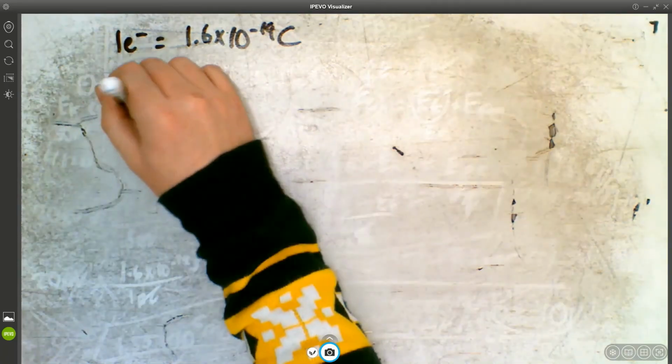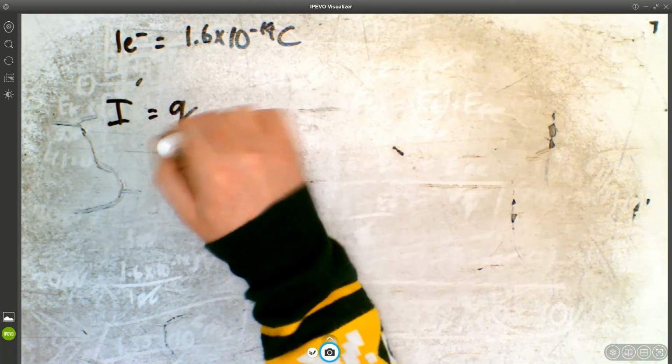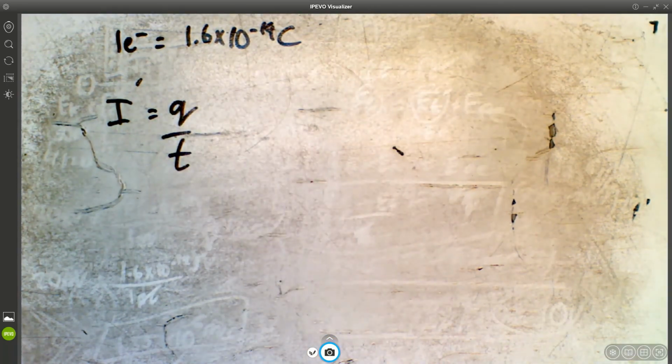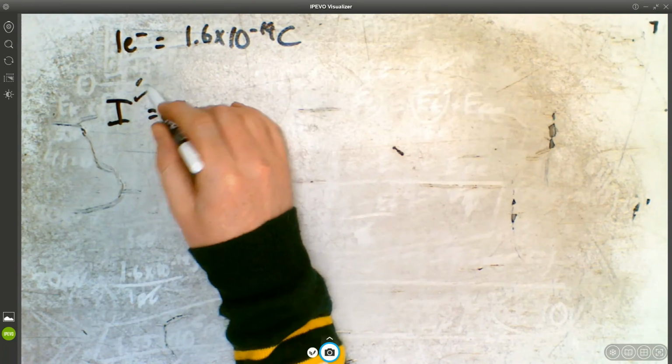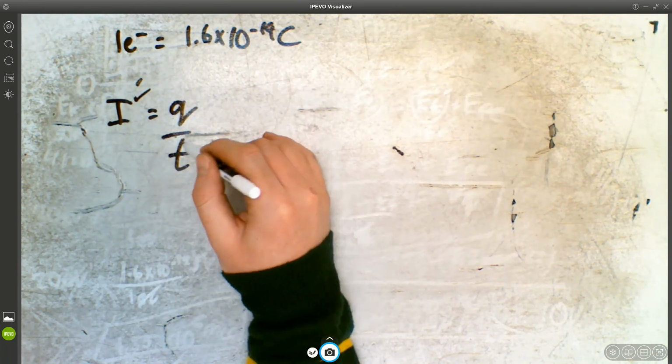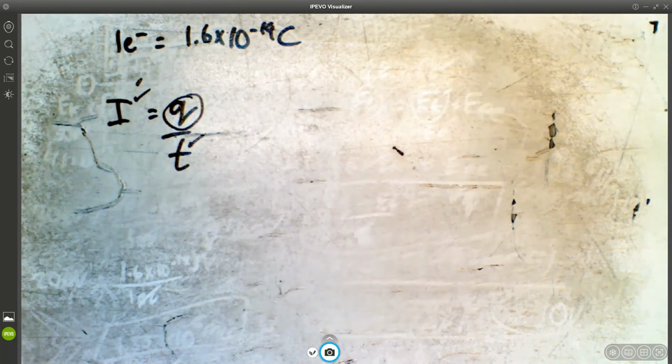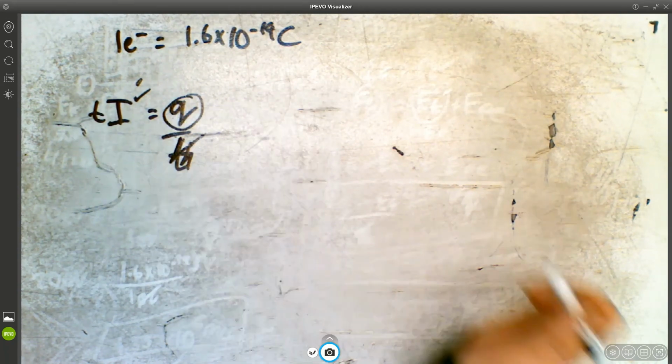Okay? That's what you need to know. And you need to know your formula, current equals charge per time. So what they give us is our current in this question. They give us our time, so we can figure out a charge. So we just move that up top there.